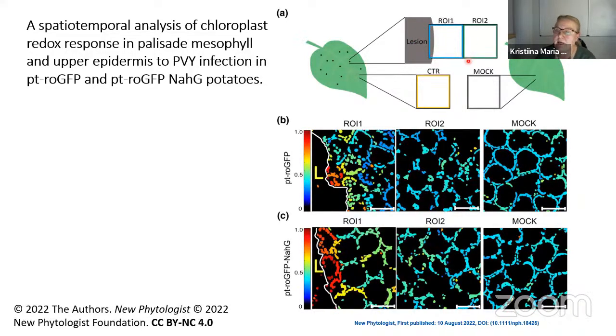And then the second region of interest is the one next to the first one, a little bit further away from this lesion area. Then as a control, they have used the area in the leaves that is from the healthy parts and also completely from healthy plants where there is no infection at all.